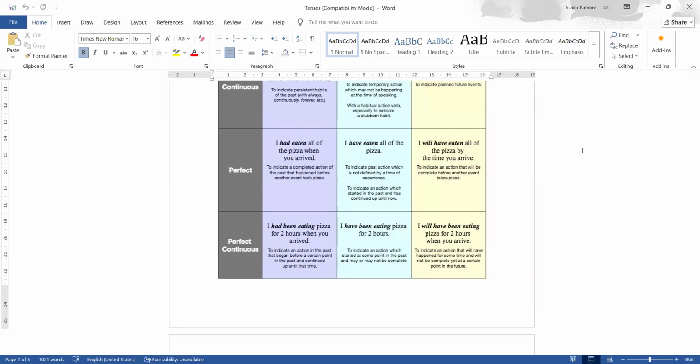Where is that other dimension which is telling us as to for how long that particular thing is happening? And even if we do not know precisely, using it is indicating that it must have happened or stretched on for a considerable period of time to have a particular impact, right? So when that sense has to come in, then we have the perfect continuous tense.